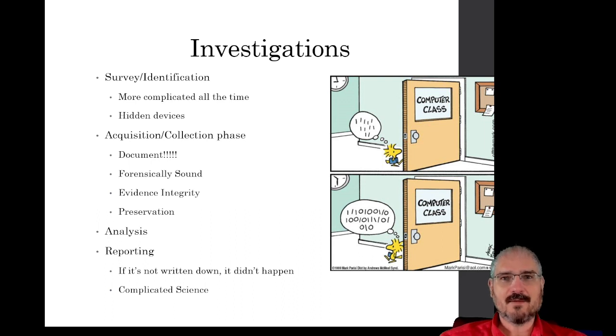And it's really, really important at this stage to document. If it's not written down, it didn't happen. Document everything. Where you found things, exactly the serial number of every device, how and when it was acquired, who did the acquisition, who did the imaging.